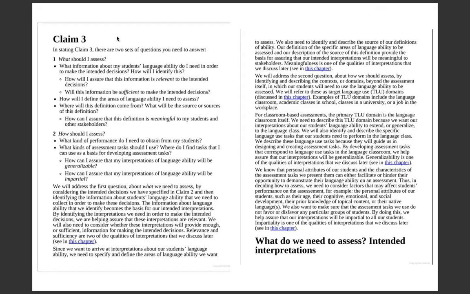For example, writing an essay or writing a paragraph. I don't know, I'm just maybe making this up. And so the task is, for example, write a paragraph about something interesting.